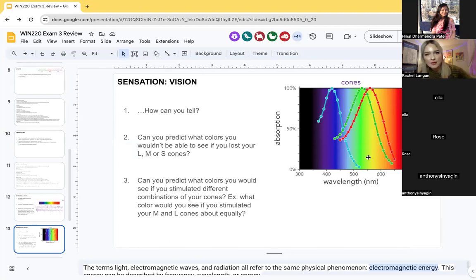So rods also, once the ambient light reaches a certain level, they're no longer able to sense changes in light. They're very sensitive and they max out their firing very quickly. So they're able to sense small changes in light, which is great for the dark.